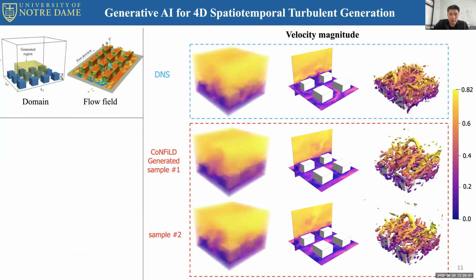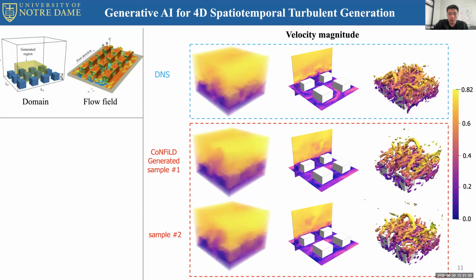And we extend our case even to a more large-scale turbulence simulation, which is a wall-bounded turbulence with rough wall settings. So as you can see, we have visualizations of the volumetric rendering and the cross-sectional velocity magnitude, as well as a vortex animation.